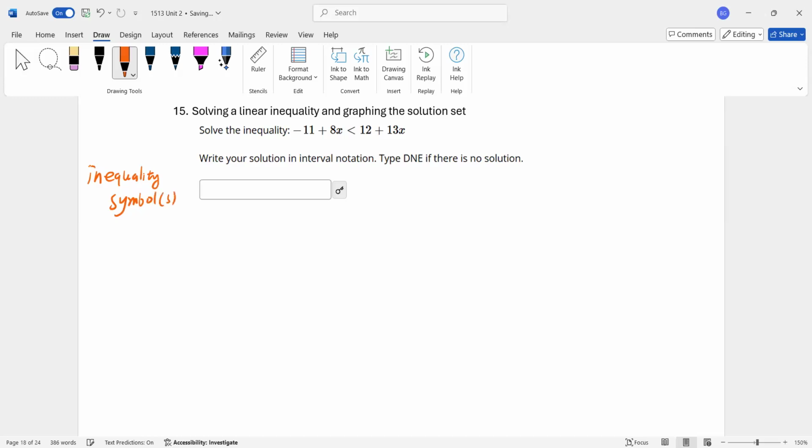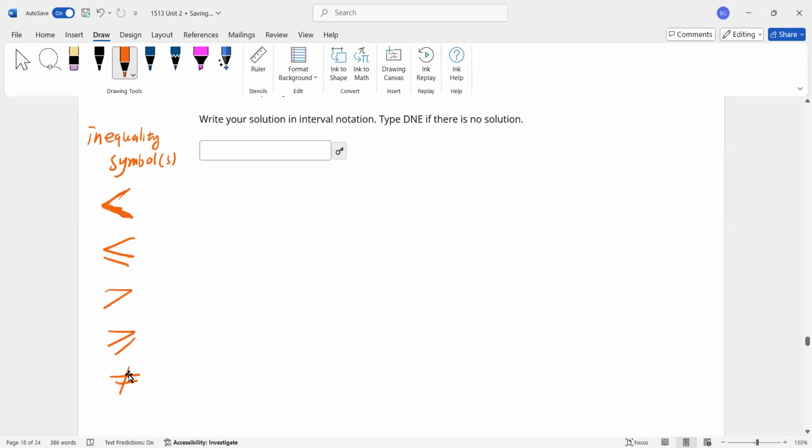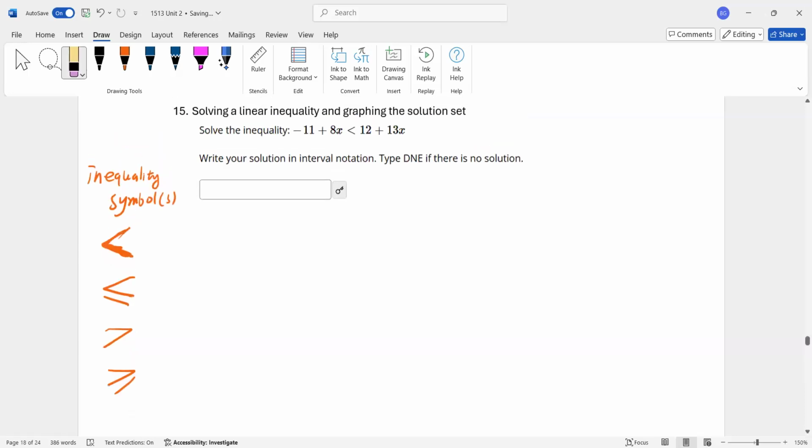Okay. So this is an inequality symbol. This one, yes, this one or this one. Technically, this also is an inequality symbol. Not equal to is also an inequality symbol, but we do not have to worry about that. We don't have any inequality with that in it most of the time.